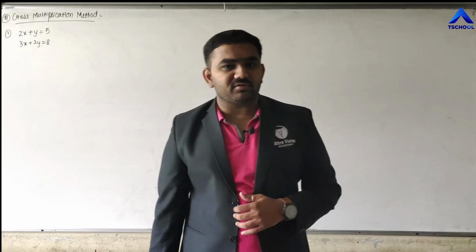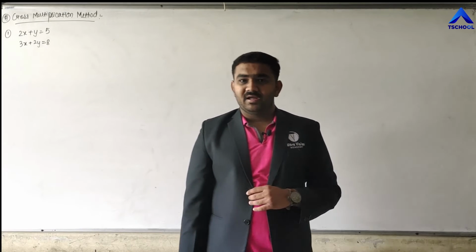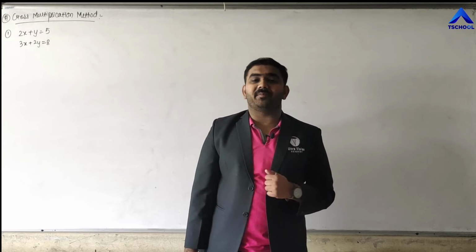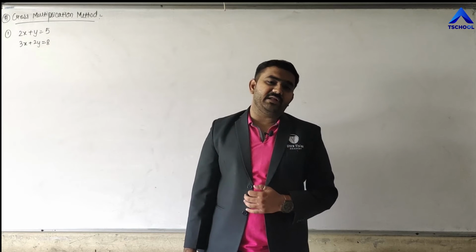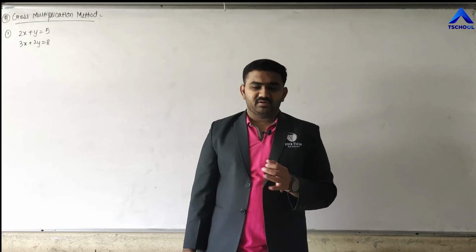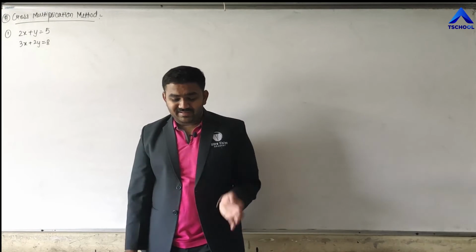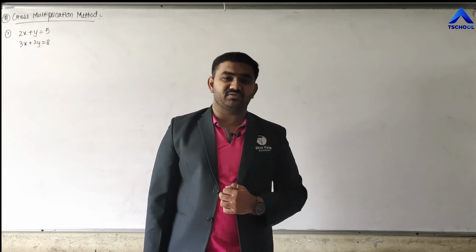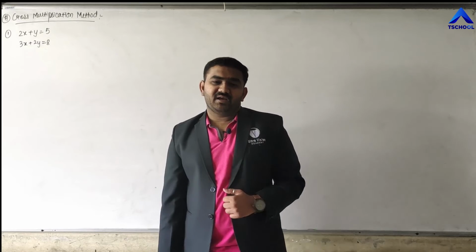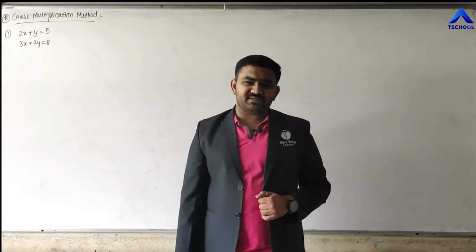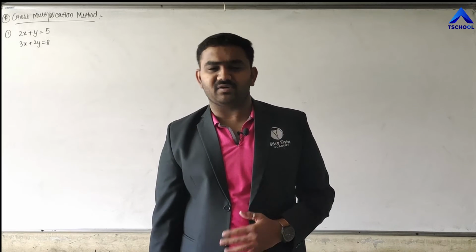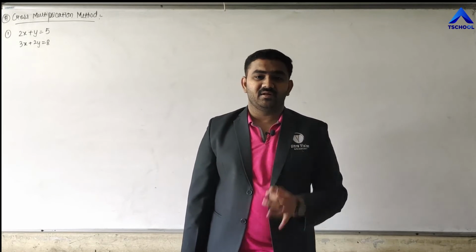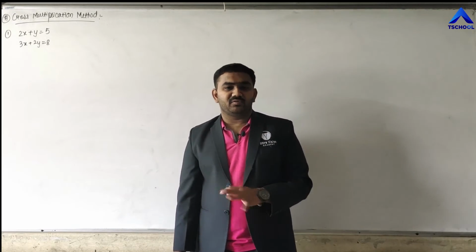Note that, friends, the sums that are asked to be solved by the cross multiplication method have a particular format to write. This kind of sum is written in a particular format so that you can understand each and every step of how it is going. And mind well that if you make a minor mistake of sign, that is you converted plus to minus by mistake or minus to plus by mistake, then the whole answer is going to go wrong.